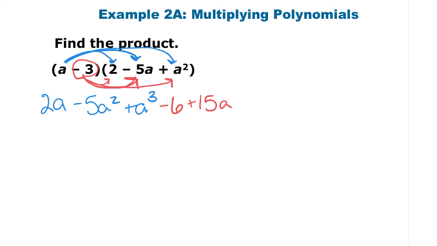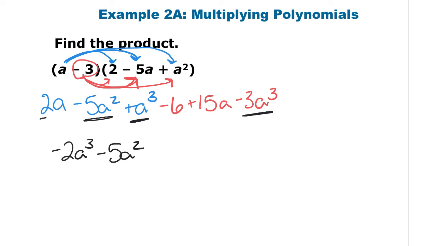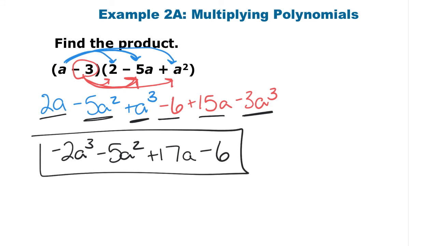Negative 3 times a squared would be negative 3a squared. Now I do need to simplify and combine all my like terms and put this into standard form. So I have positive a to the 3rd and negative 3a to the 3rd, so that's negative 2a to the 3rd. Then I have negative 5a squared. Then we have 2a and 15a, so that would be 17a. And then we have a negative 6. So there it is, multiplied and simplified.